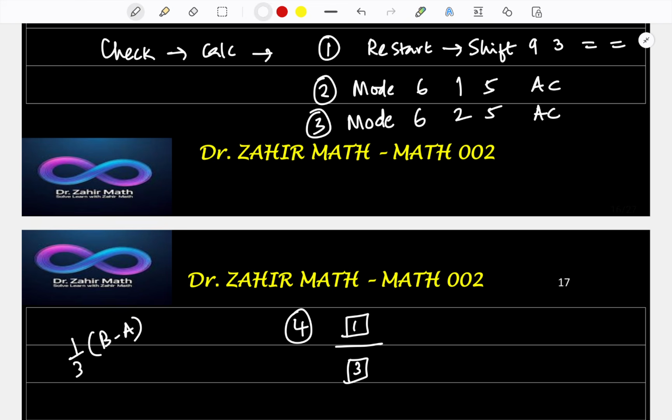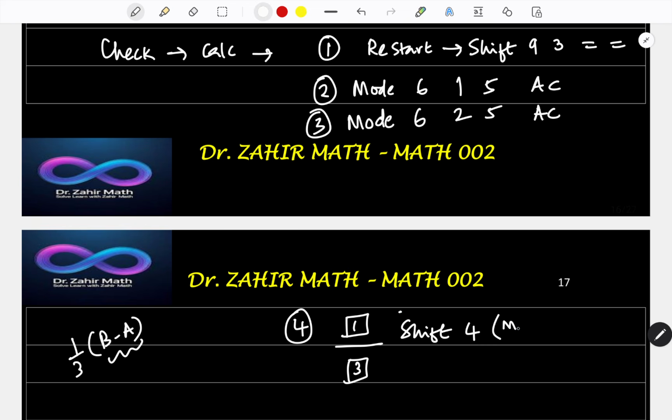So press the fraction, 1 divided by 3, and then you are going to use shift 4. Your data first is B minus A. So data is 4. Use the bracket also, that's very important, because 1 by 3 is common.